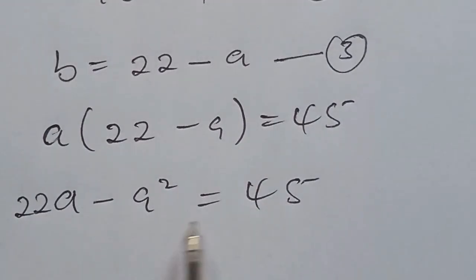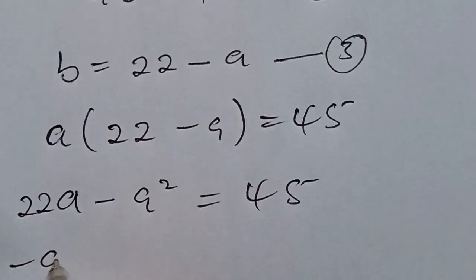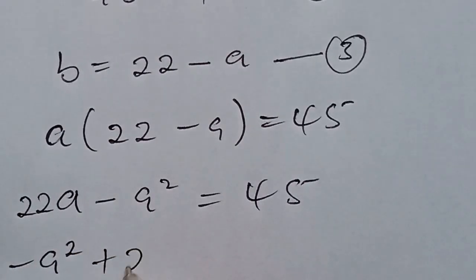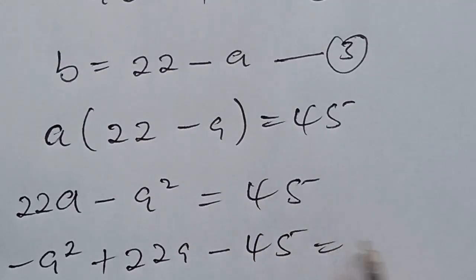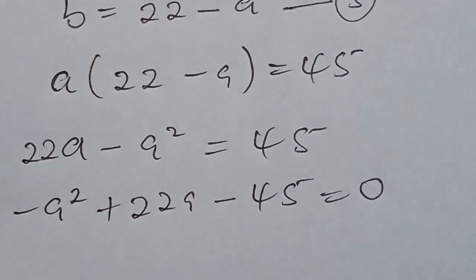So we can rearrange this. If we rearrange this, we have this come to the left hand side and we have minus a raised to power 2 plus 22a minus 45 will be equal to 0.